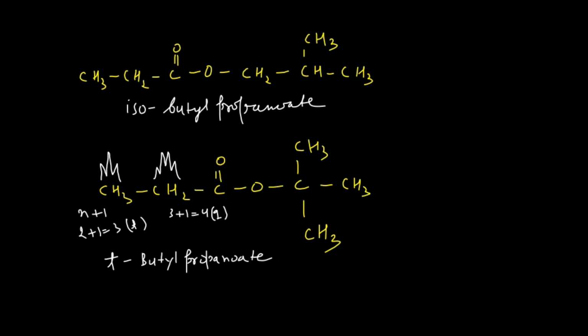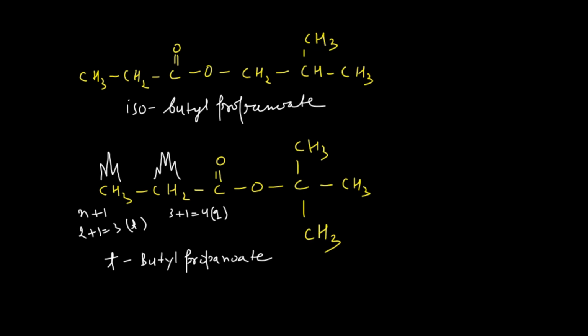And now you can see chemically the environment of all these three methyl groups is the same, so they all are equivalent, and in this particular carbon there is no single hydrogen present on it, so there will be no splitting of any of these identical methyl groups.